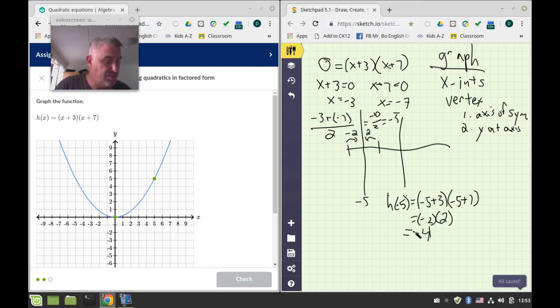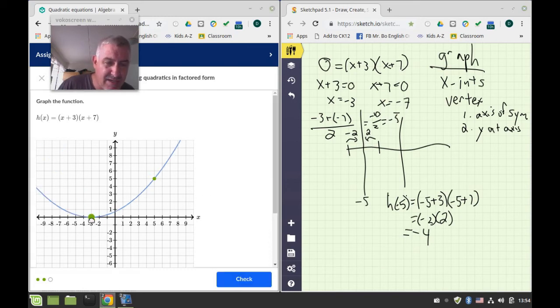One way for us to really check whether we're doing it right. If these numbers come out and they're not opposites of each other, not negative and positive pairs, then we did something wrong. So our y is -4 and our x is -5.